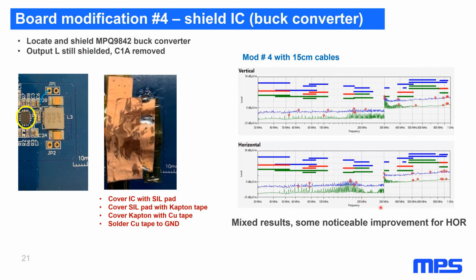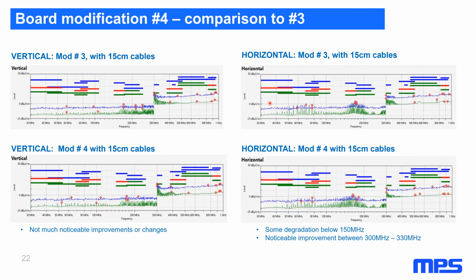I did notice some improvement in horizontal, but not so much in the vertical, which we'll take a close look at here. So when we compare the vertical from mod 3 to this new mod 4 set of changes, it's very similar. You can notice maybe a couple minor changes, but nothing much.